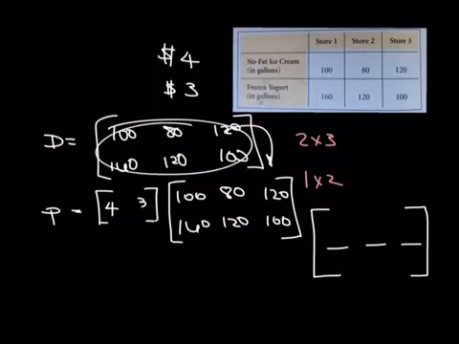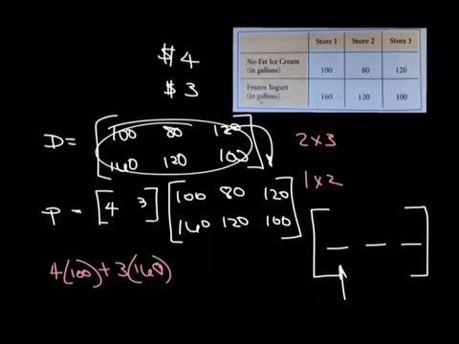So this thing right there is row 1, column 1. So we have 4 times 100 plus 3 times 160. So we have 400 plus 480. That gives me 880.